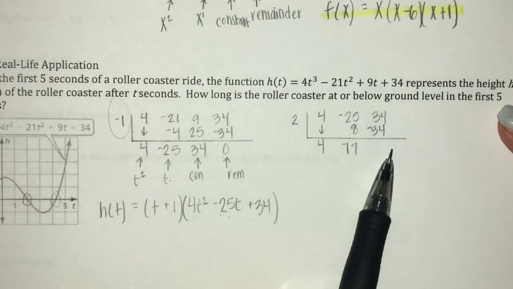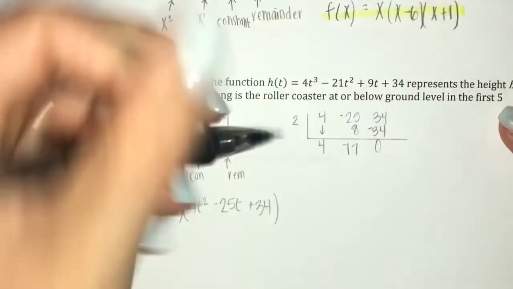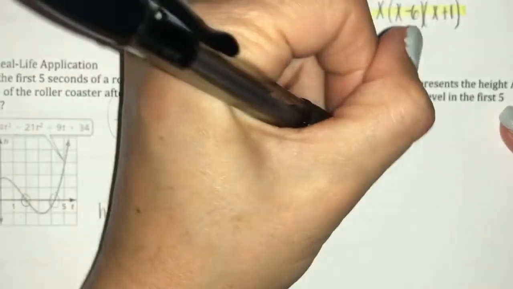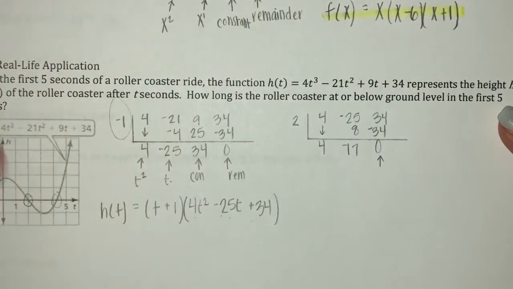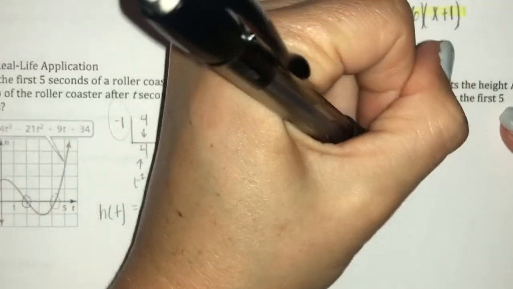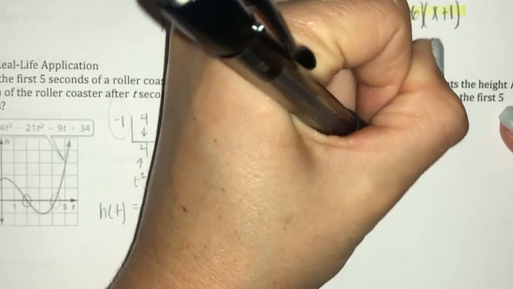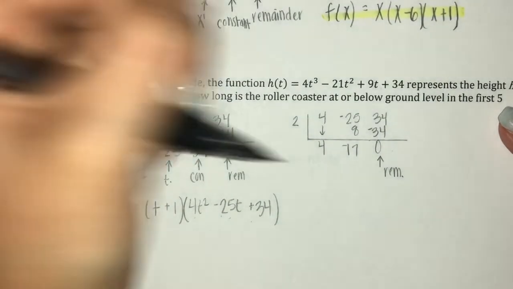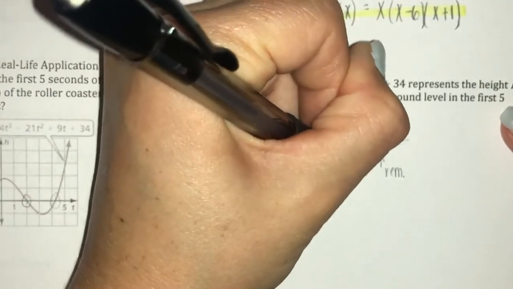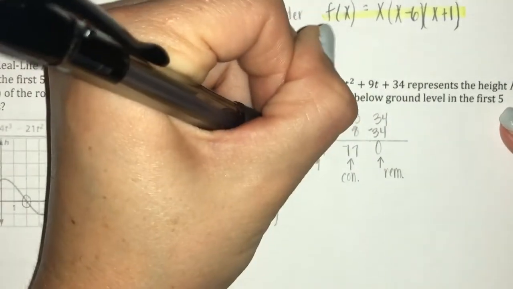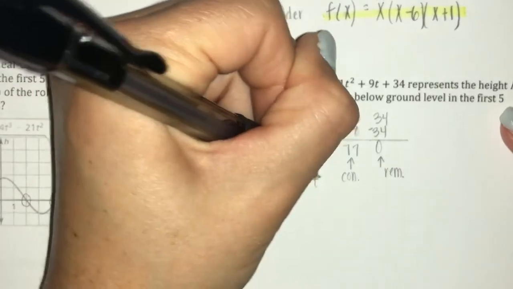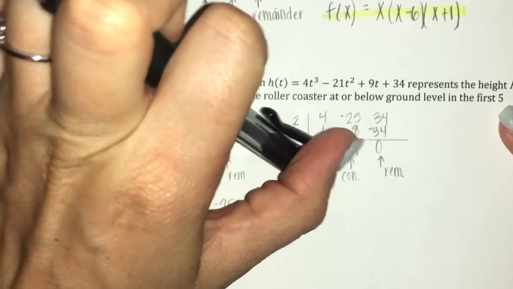And then 34 plus -34 is 0. So we got a remainder of 0, so that proves that the 2 is actually a solution or a factor. And then the -17 is my constant once I factor it out. And the 4 is my coefficient of just t to the first power.